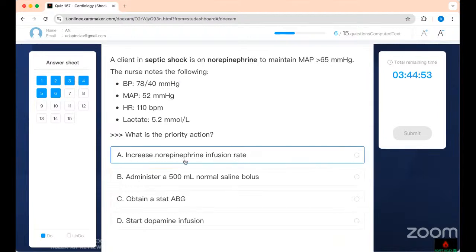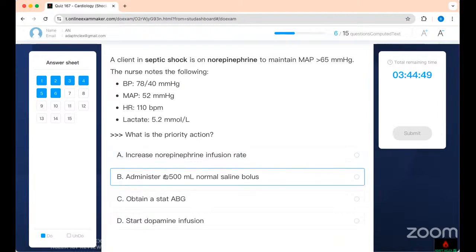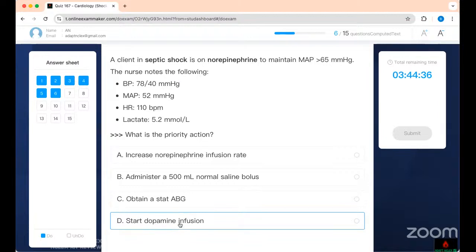Are you going to give the individual more norepinephrine, or are you going to administer more IV fluid to the patient, or are you going to start vasopressin, or are you going to do dopamine? You know dopamine is not going to help with this, right? But this is the content I told you about.